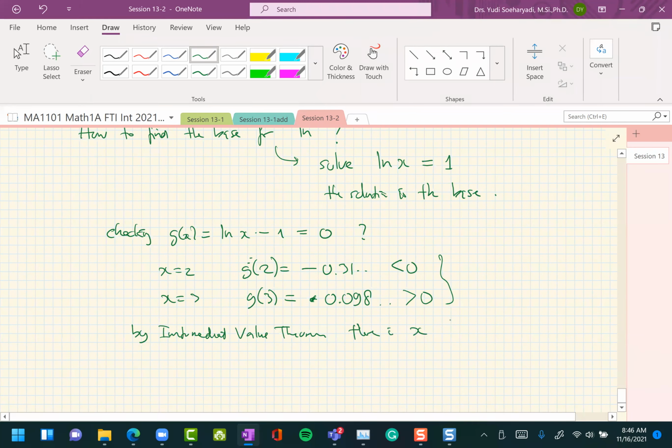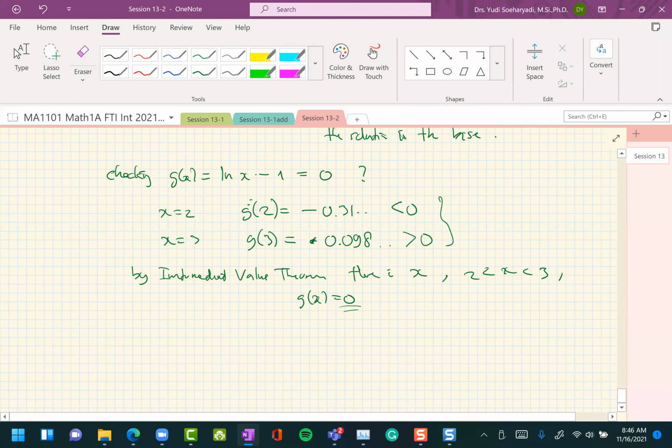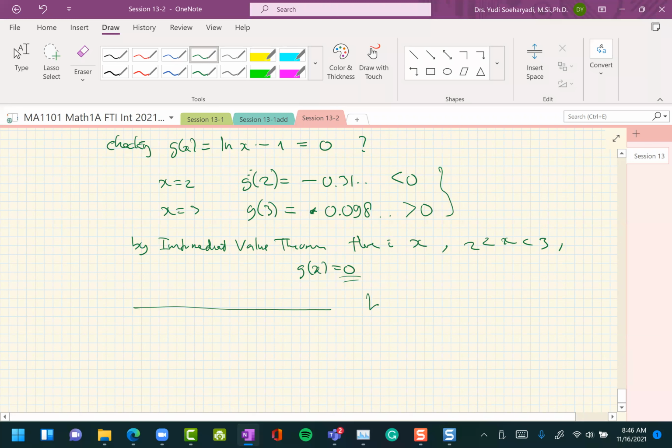There is an x between 2 and 3 so that g of x equals 0. So there is a number which makes this equal 0. You can check using the bisection method. This is 2, below; this is 3, above.